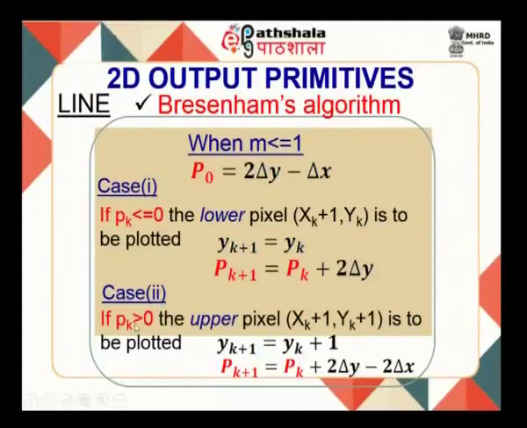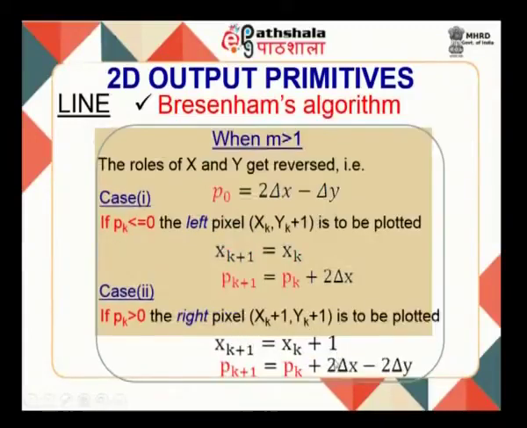For the second case, when pk is greater than 0, the upper pixel is to be chosen, the next y is the previous y plus 1, and the next decision parameter is pk plus 2 del y minus 2 del x. And if m is greater than 1, without doing any derivation we can come to one important conclusion: the line is more inclined towards the y axis, and we are going to sample the line along the y axis at unit intervals, following the same set of procedures and equations.